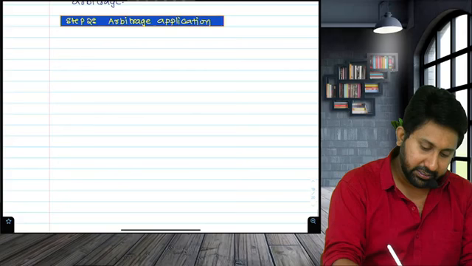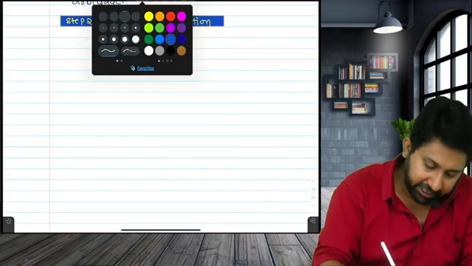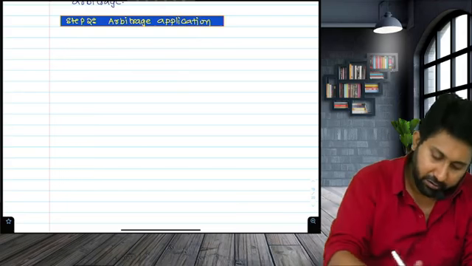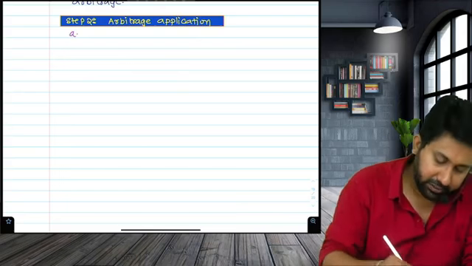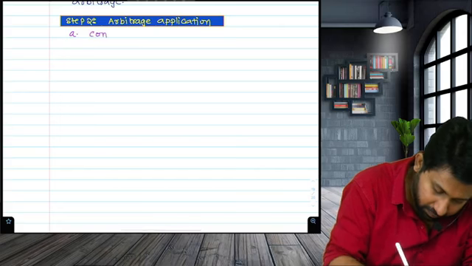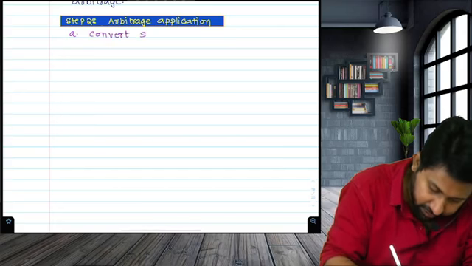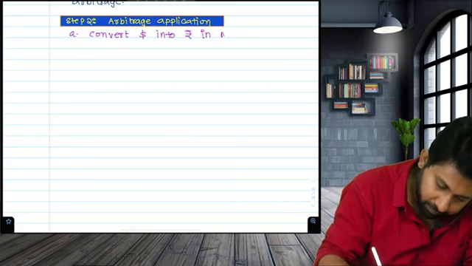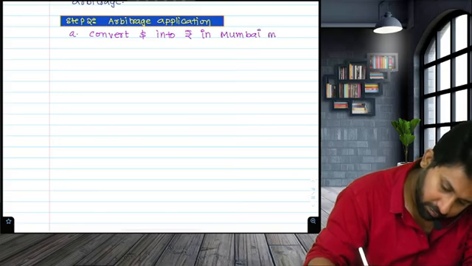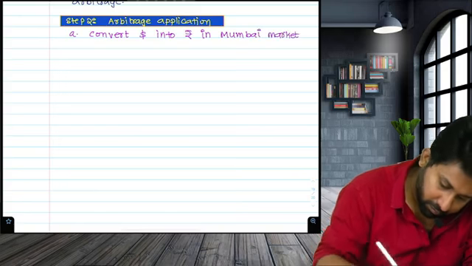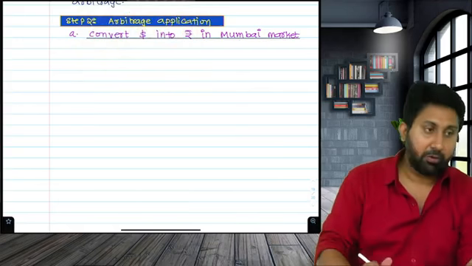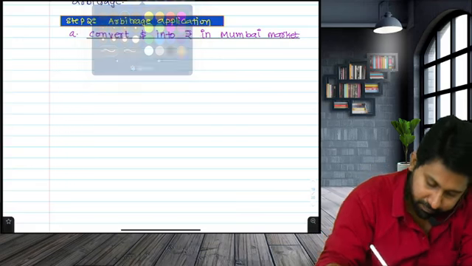Okay, now see here, arbitrage application. Let us see now. Write down: A. Convert dollars in Mumbai market. Okay, now see here.